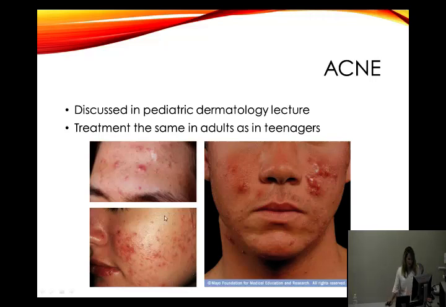And I don't think I go into it much here because again, it's discussed quite a bit in that pediatric derm lecture, but very similar to our rosacea where we do use topical retinoids such as the tretinoin and then some type of antibiotic, either topical or oral antibiotics as well.